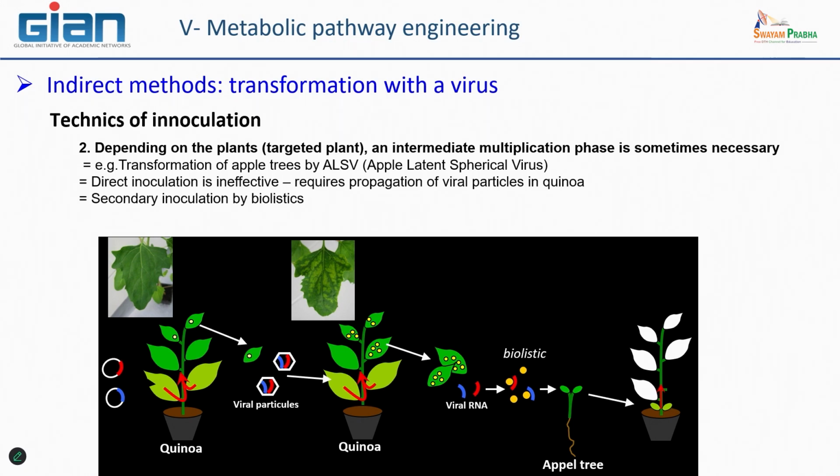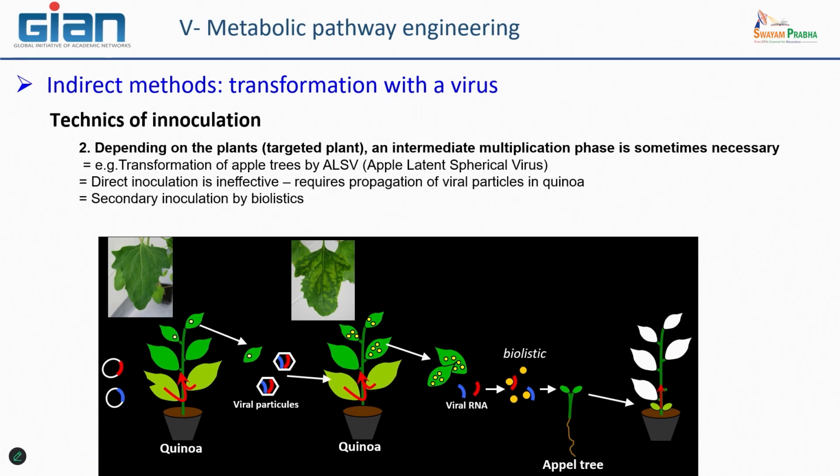This is why we do it in two steps. We start by infecting non-interesting plants such as quinoa, because quinoa is very sensitive to this virus. So in this plant, we may have a very high multiplication of the particles. We can then collect all the particles and extract the viral RNA.